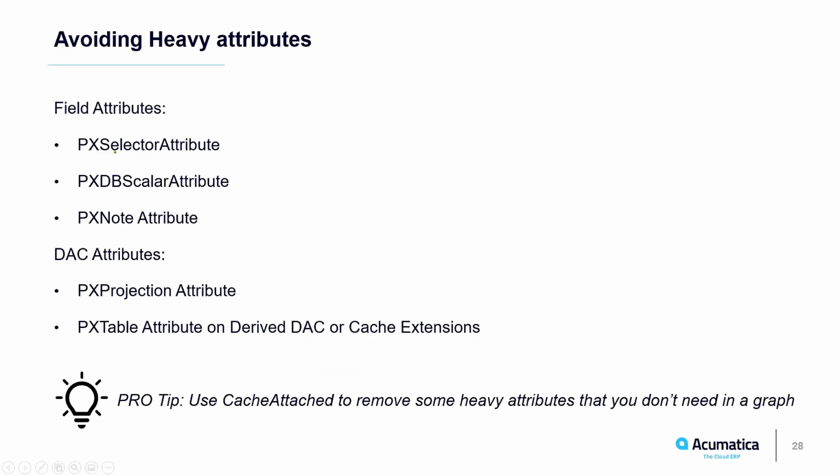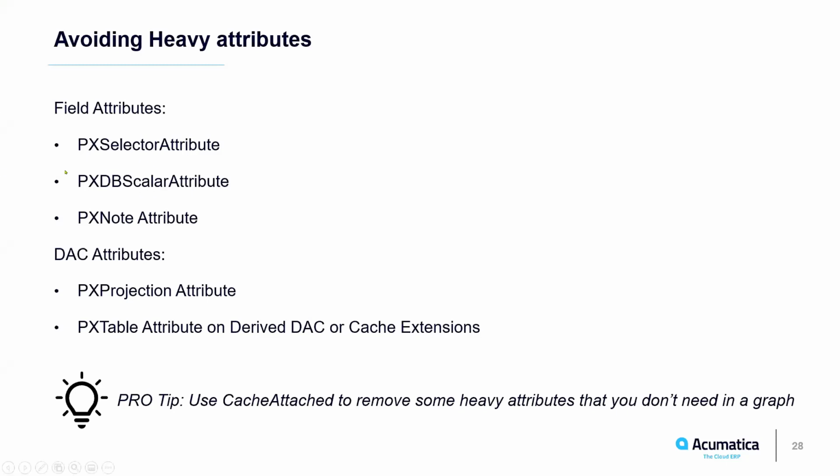So PXSelector attribute. If a PXSelector attribute has a description field, has a substitute key, in fact, what it can do when you execute a query, it can generate additional selects, it can generate subselects to retrieve the values of those additional fields that it needs to take from the source table.